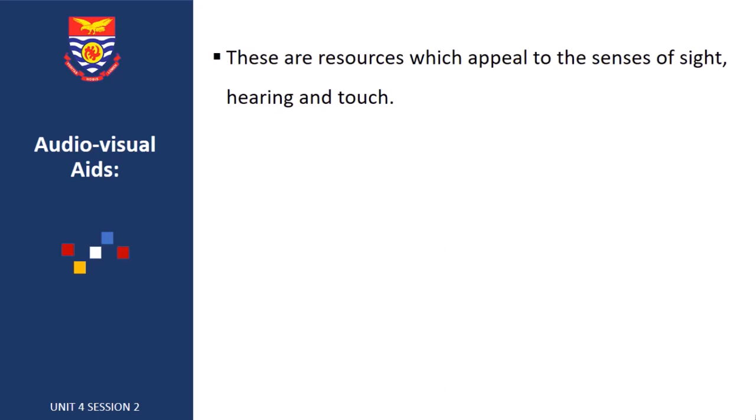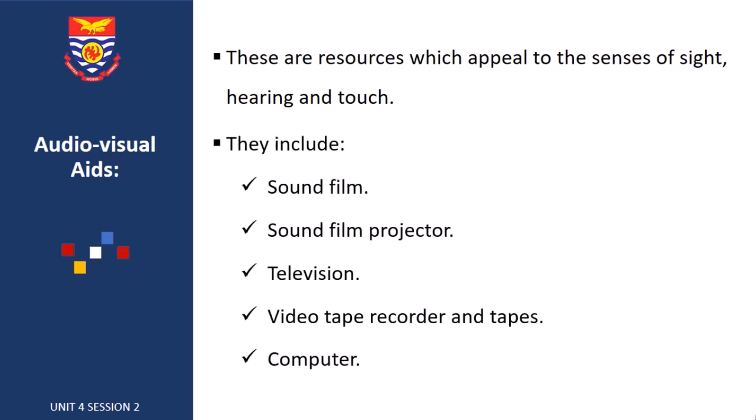Now, the final type of instructional material we'll be looking at is the audio-visual aids. And so this combines audio and visual. And these are resources that appeal to the sense of sight, the sense of hearing, as well as the sense of touch. And they include sound film projector, television, we have videotape recorder, as well as tapes, and the computer itself.